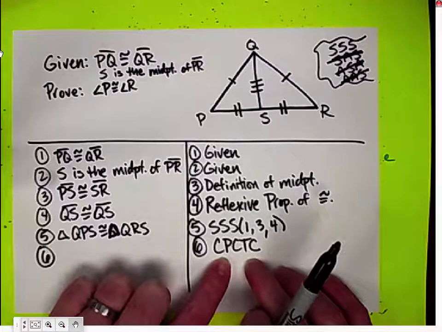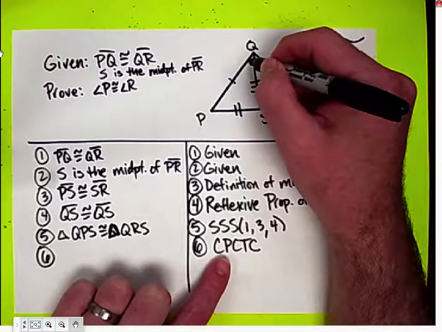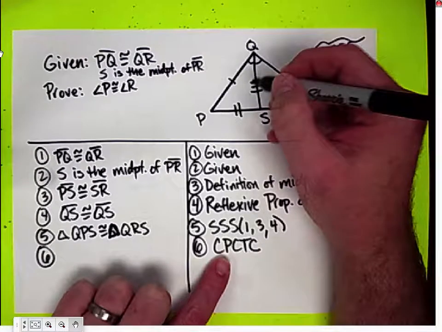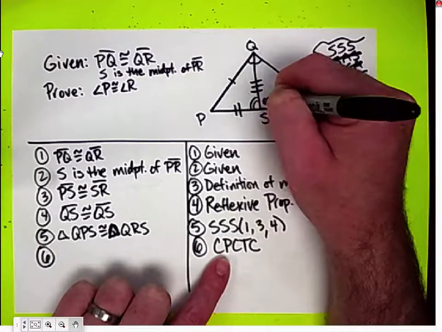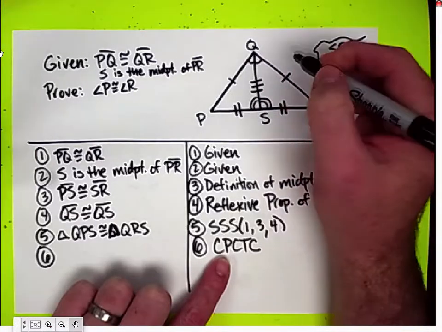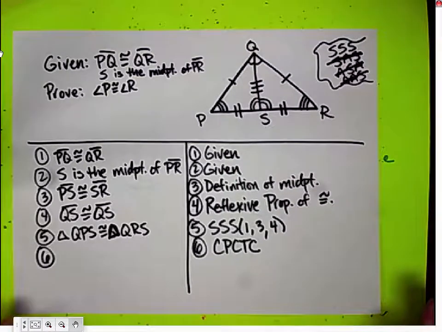The 3 angles, right? If we needed, we could say that this angle was congruent to this one, or this angle to this one, or this angle to this one. Which one do we need?